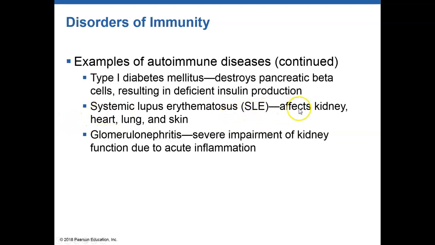Lupus is an autoimmune disease in which your immune system attacks connective tissues. It can affect the kidneys, heart, lungs, and skin, so it affects all kinds of regions of the body. Glomerulonephritis is an autoimmune disease in which the immune system attacks the kidneys.